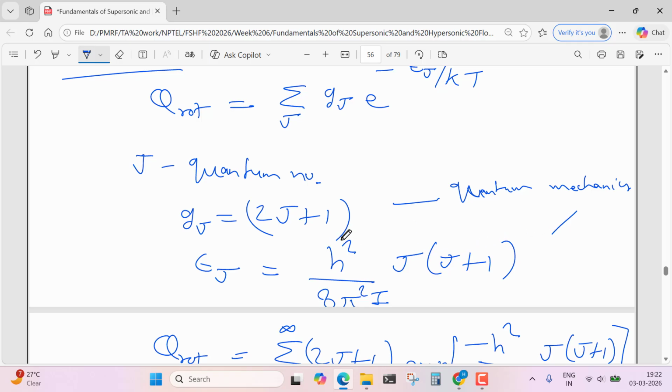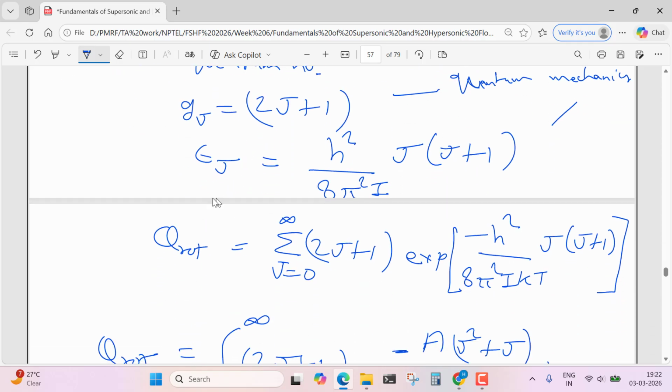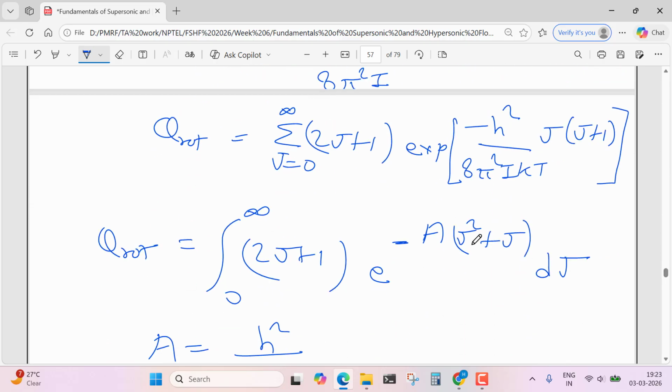Now we'll substitute this value in the Q rotational. So Q rotational will be equal to sigma j equal to 0 to infinity 2j plus 1 into e to the power minus h square upon 8 pi square I kT into j into j plus 1. Now this constant term we can take as a.